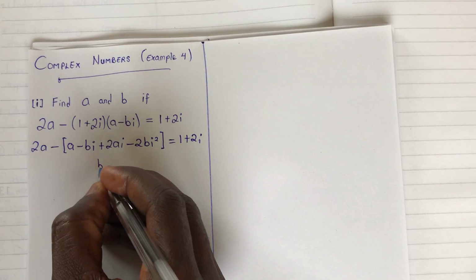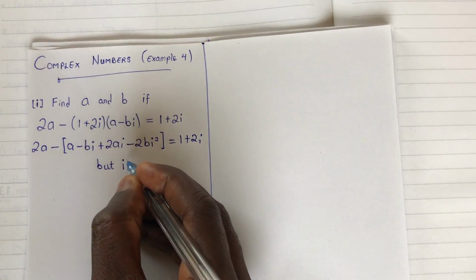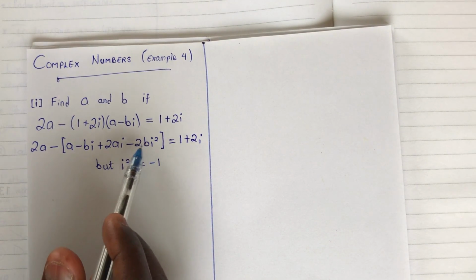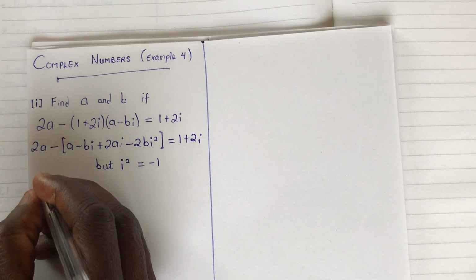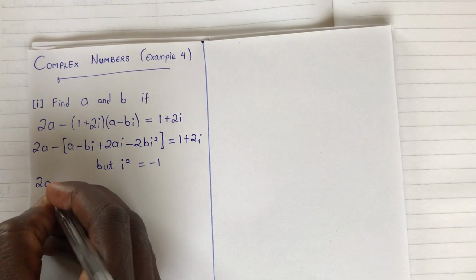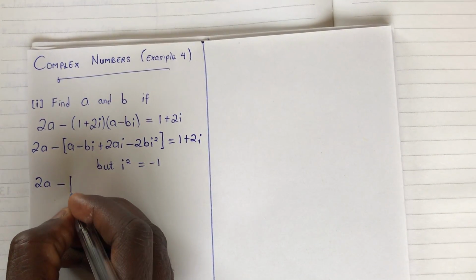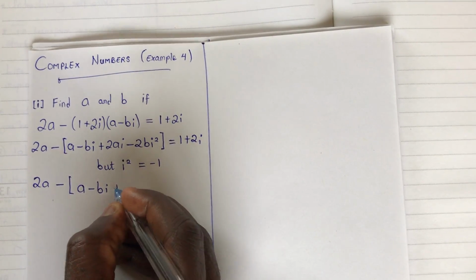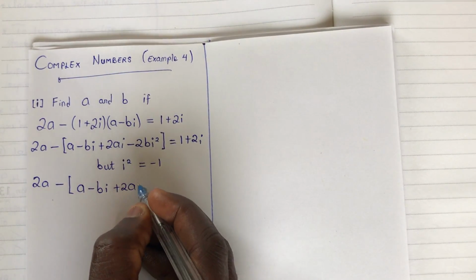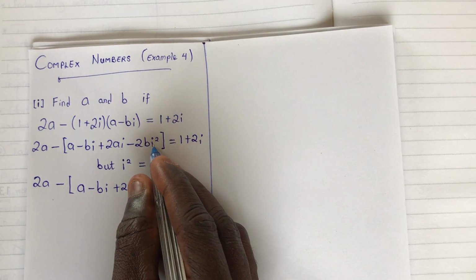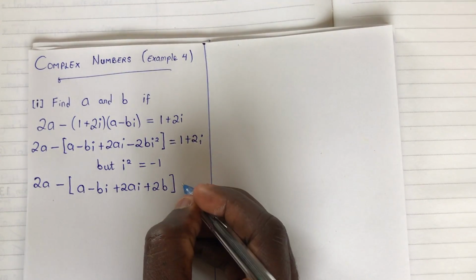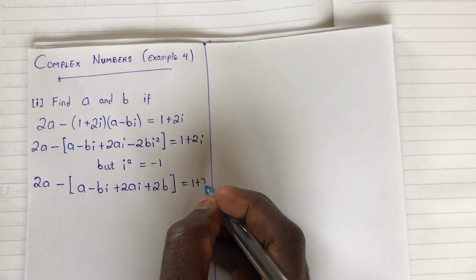From here we know that i squared equals -1, so we can substitute that here. It will change the sign to positive. So we have 2a minus into bracket a minus bi plus 2ai, and when we substitute here, plus 2b, bracket close, giving us 1 plus 2i.